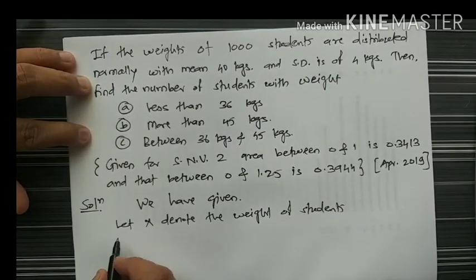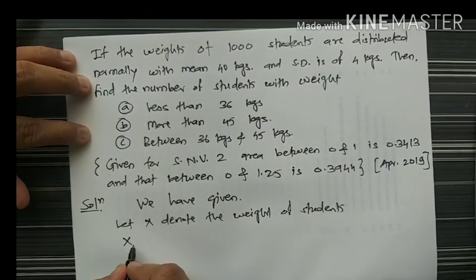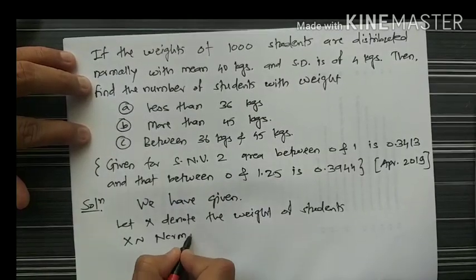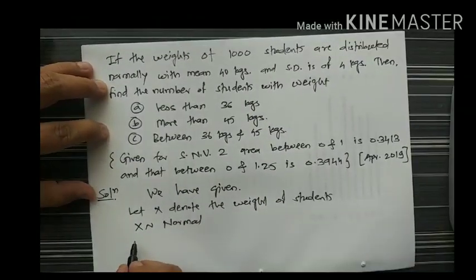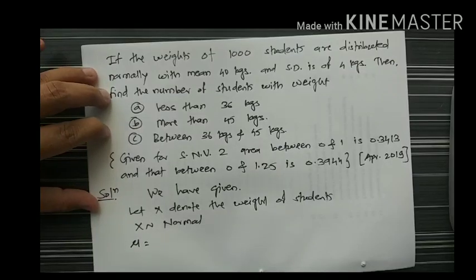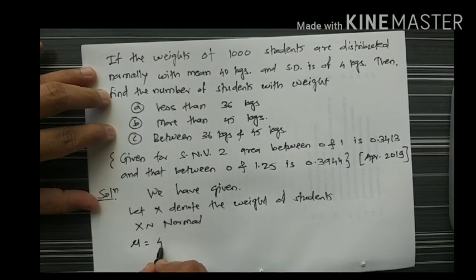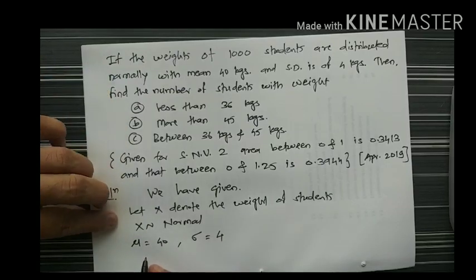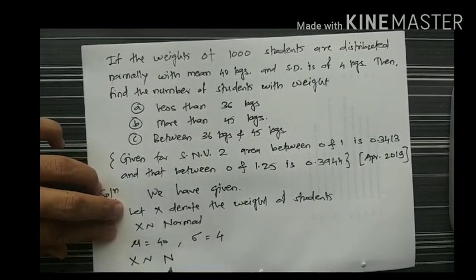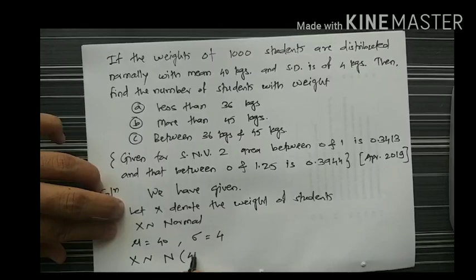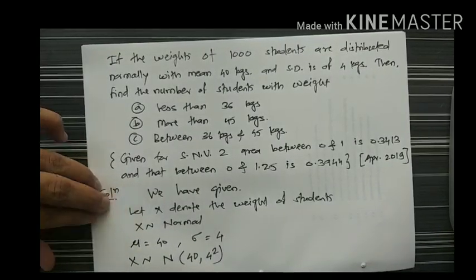As given, this weight X follows normal distribution, with mean mu equal to 40 and standard deviation sigma equal to 4. Hence X follows N(40, 4 square).